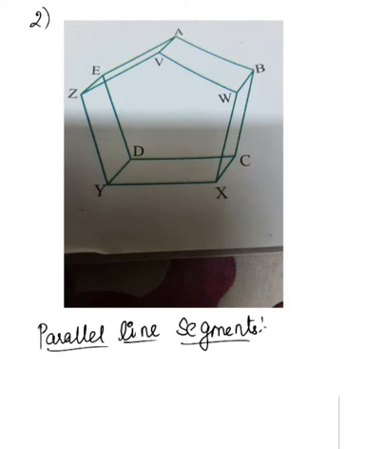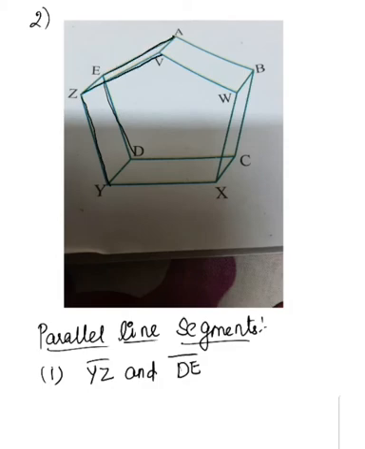The first one is YZ and DE. Then EA and ZV.